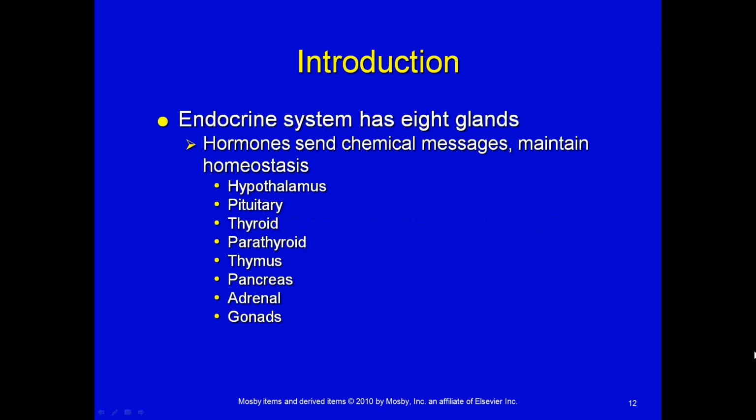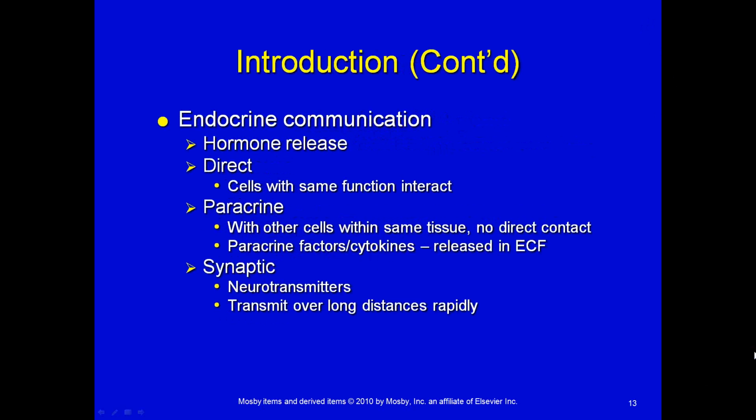And then we have the thyroid gland and the parathyroid located in the neck, the thymus behind the sternum, the pancreas, of course, located in the abdomen, the adrenals, which are located on top of the kidneys, and the gonads, which refer to ovaries in women and testes in men.